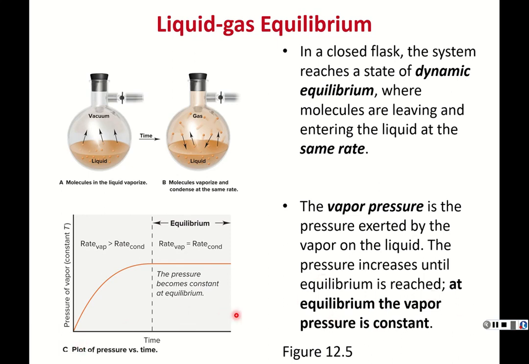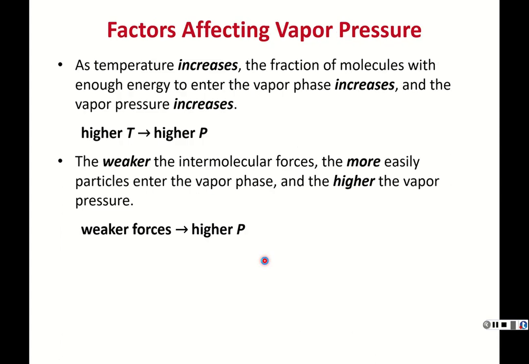Right, so a vapor pressure is measured like that. Okay? You have the liquid, put it in a vacuum, and you measure the pressure of gas that is above the liquid at equilibrium. So what factors affect that vapor pressure?